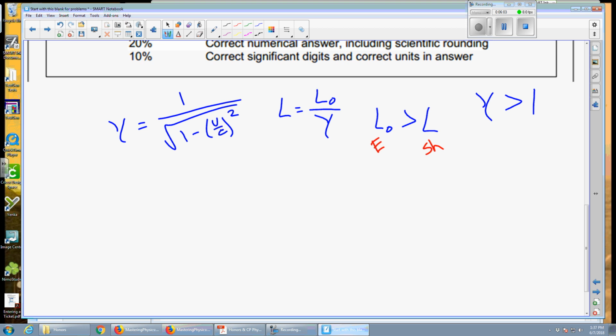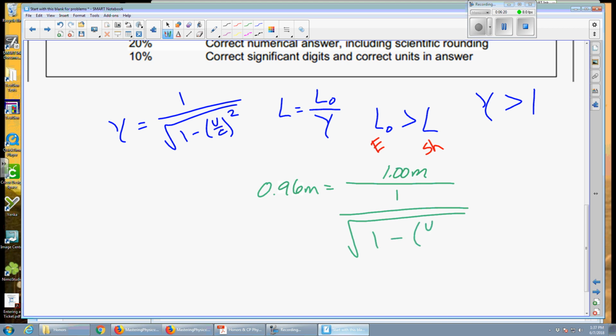So L is that 0.96 equals L naught, 1.00 meters, over 1 over the square root of 1 minus v over c squared. And just solve for v over c. That'll give you a decimal, and v is just that decimal times c. A little bit of algebra, nothing much, right?